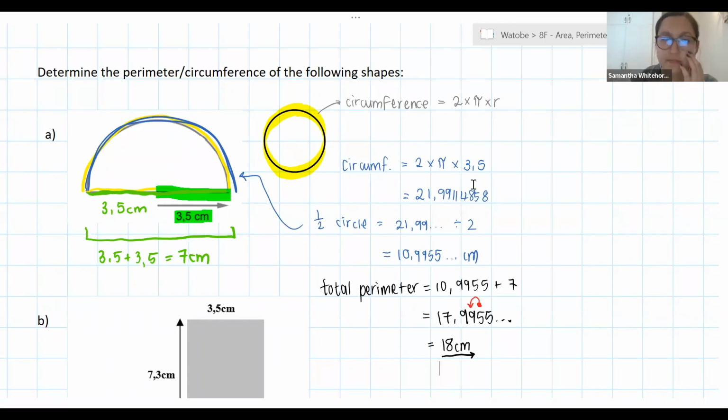Ma'am, I just wanted to find out something. When we're doing circumference and we get the final answer, do we have to write down the entire number or can we just write half of it? Because at school we were told to write half and not the entire thing.